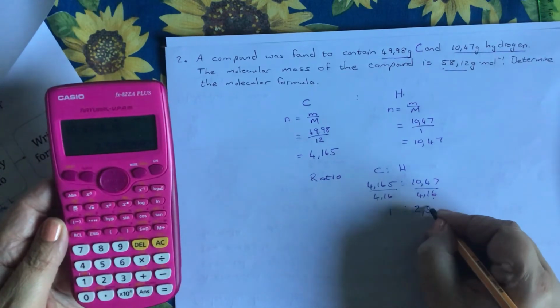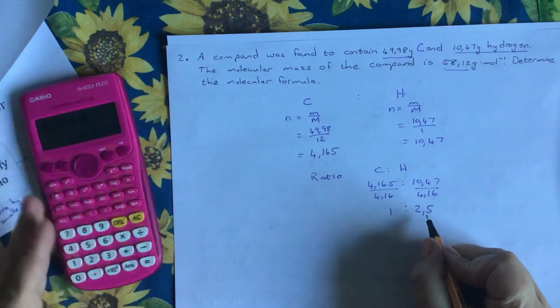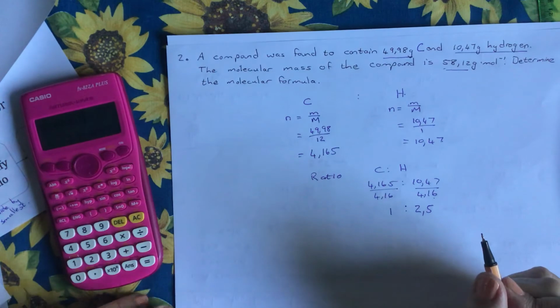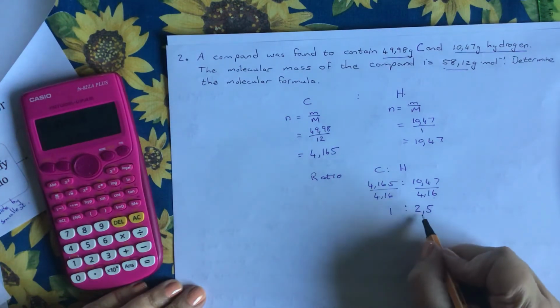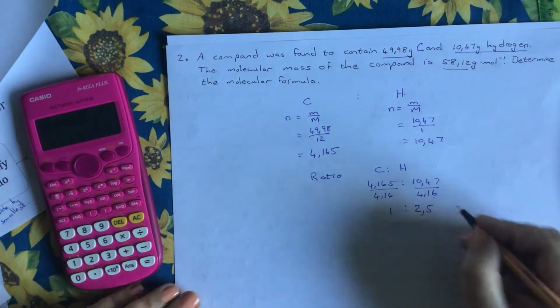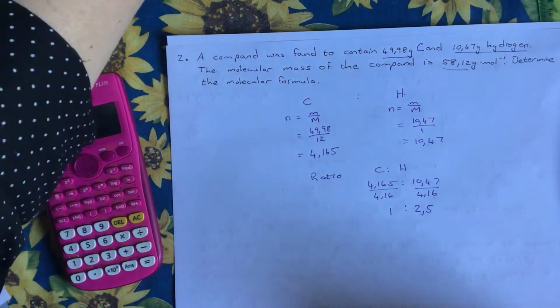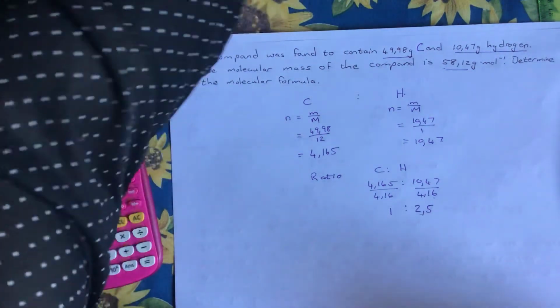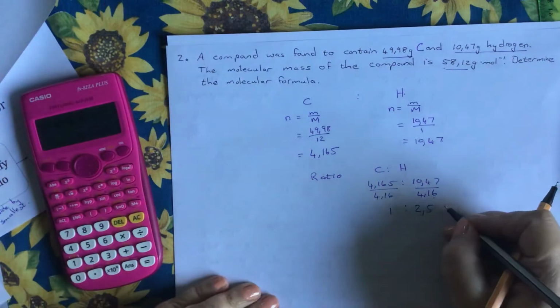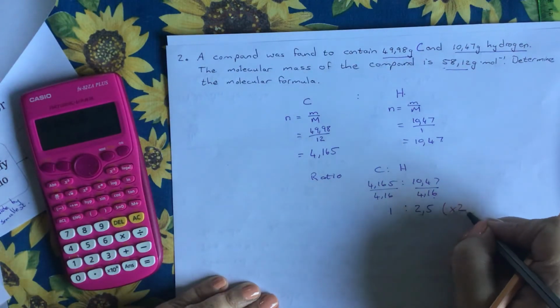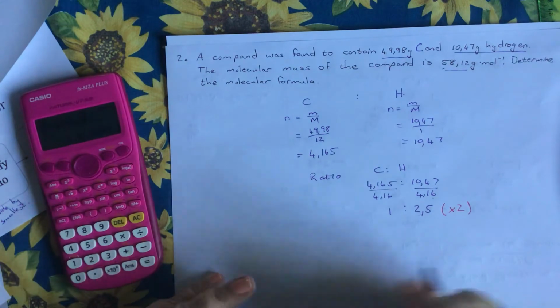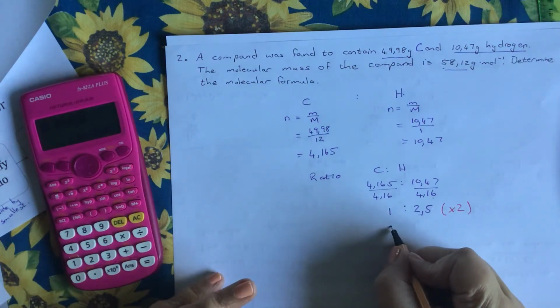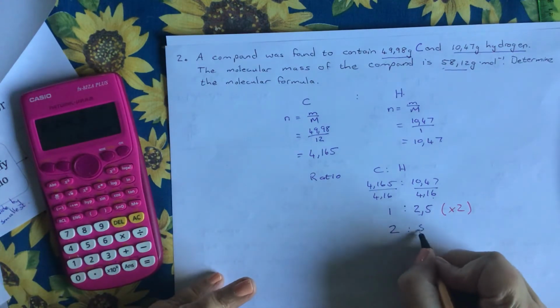Now when I get 2.5, to get the empirical formula I cannot round this up or down. I have to multiply the whole ratio by 2 to get whole numbers. So that makes it 2 to 5.